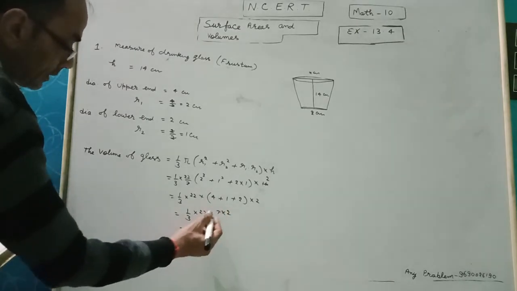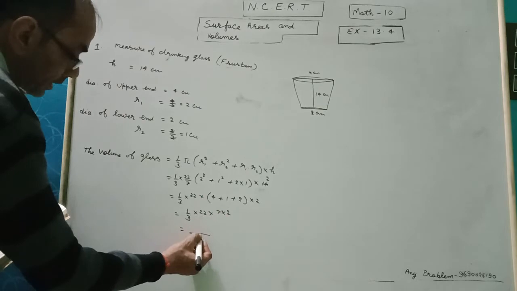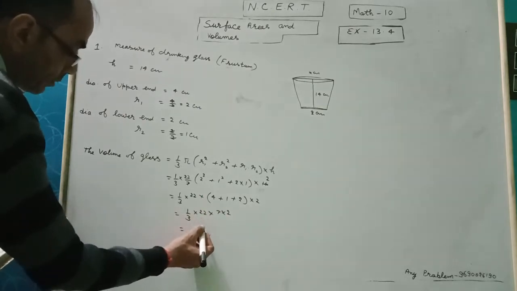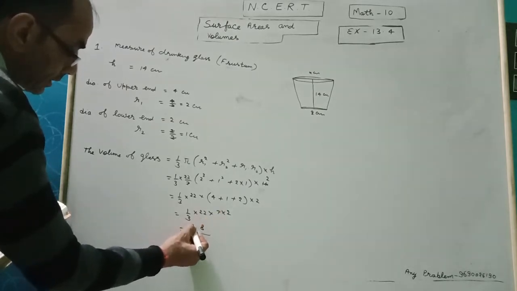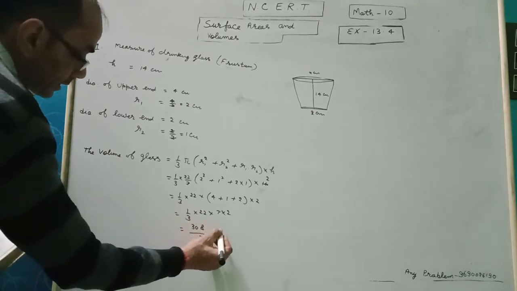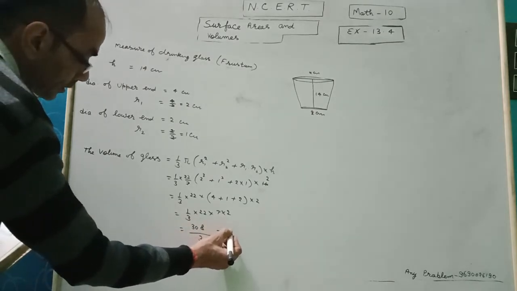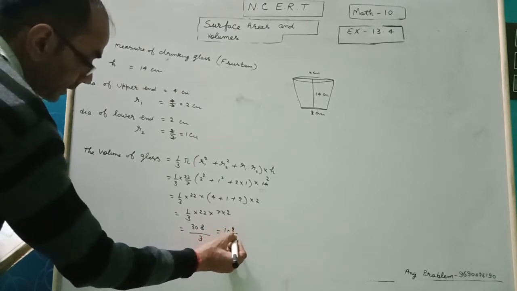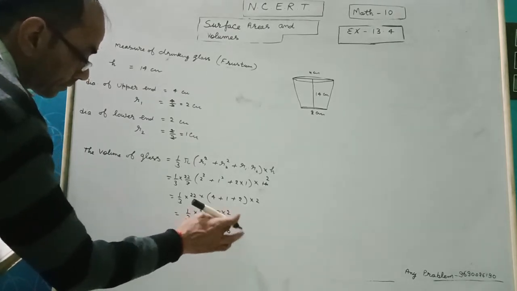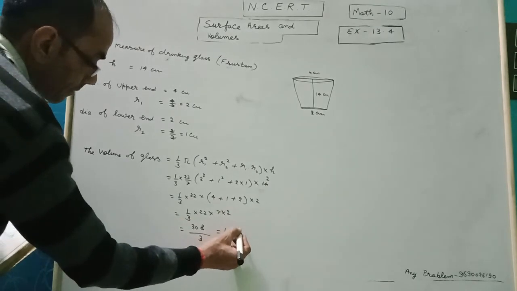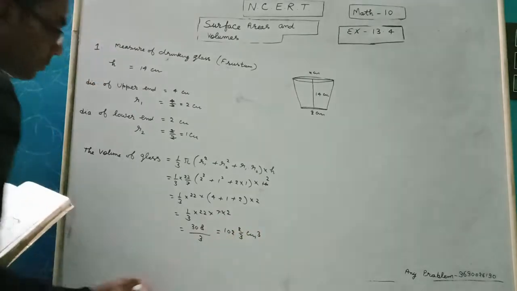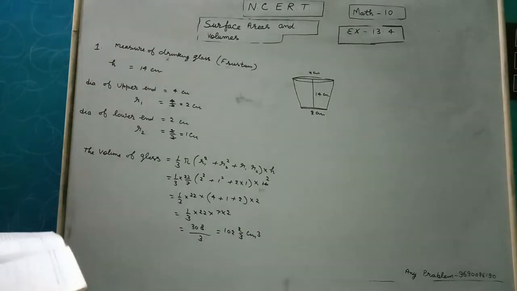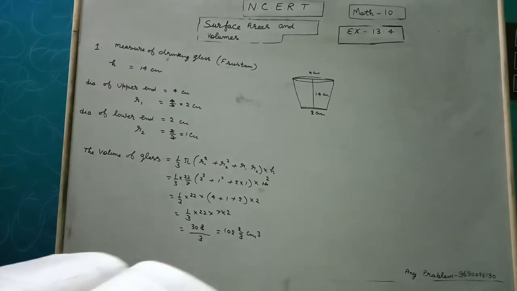After multiplying, 7 twos are 14, 14 multiplied by 22 gives 308. Divided by 3, that is 102 and 2/3 cm cube, which will be the volume or capacity of the glass.